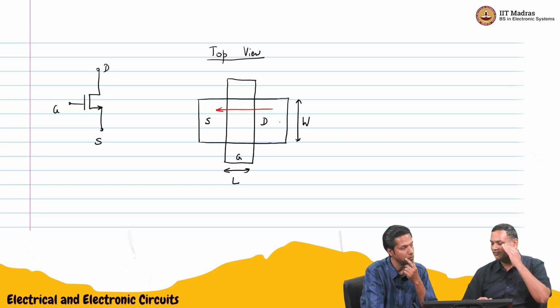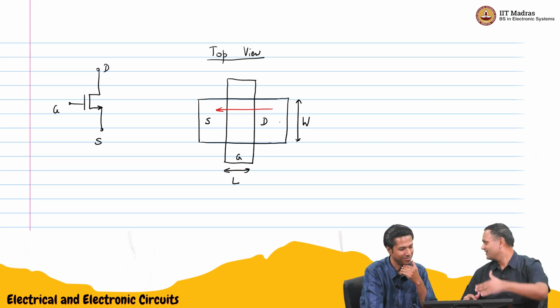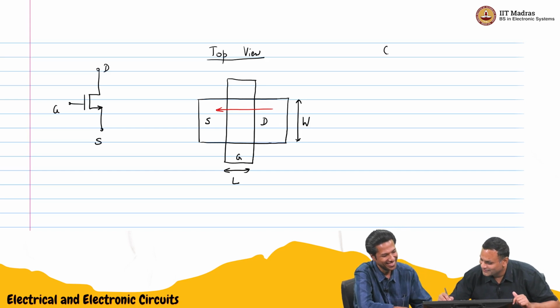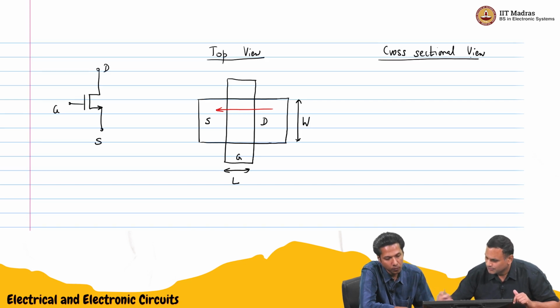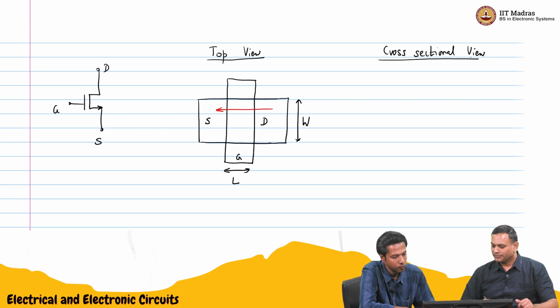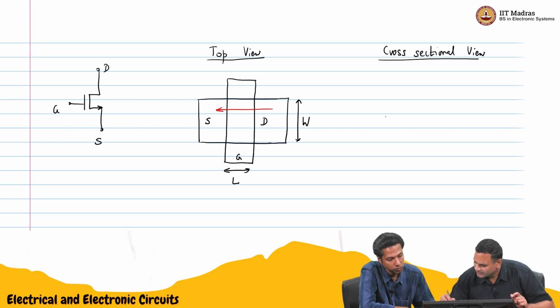Now what we can do is take the device, turn it around, and slice it. Now I will need to see the source and drain, so I'm going to cut it somewhere here.